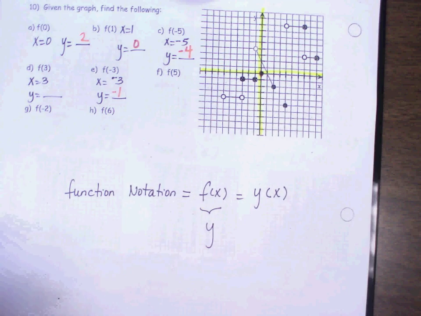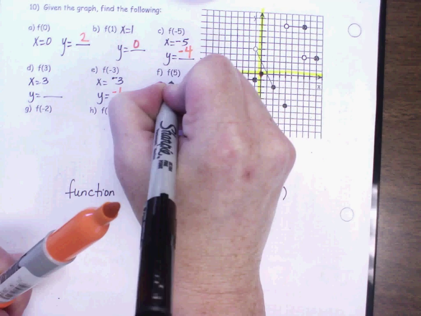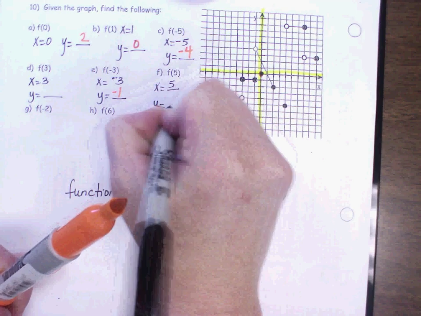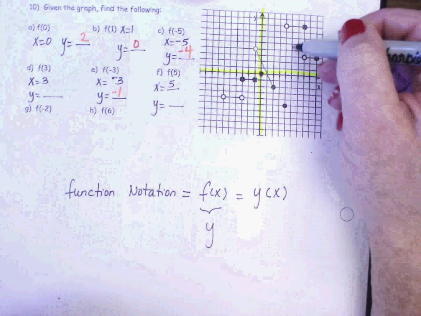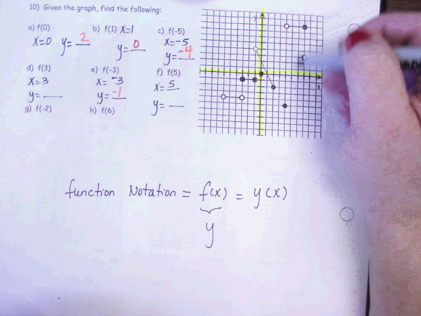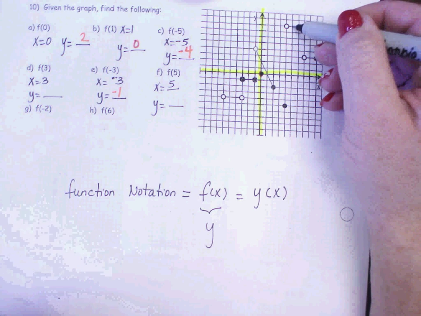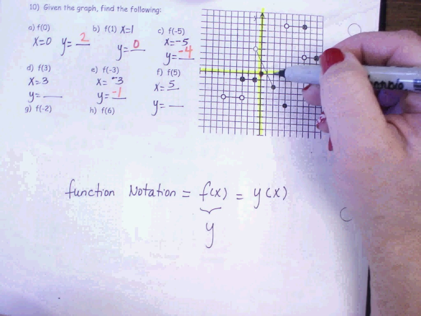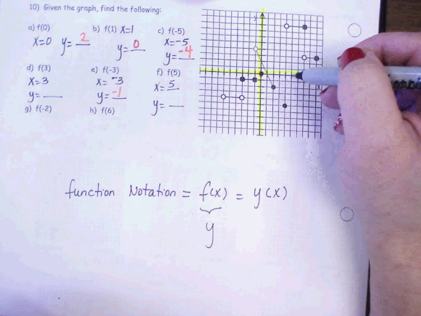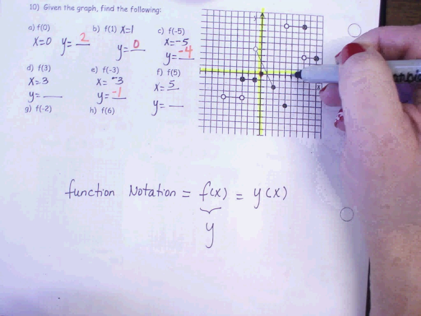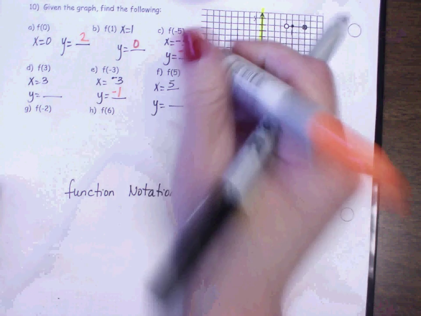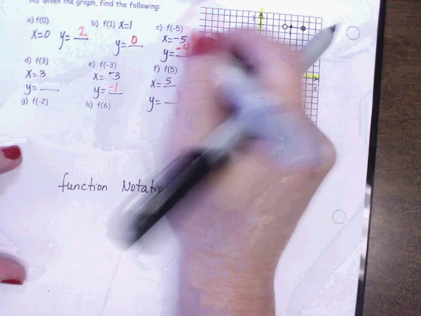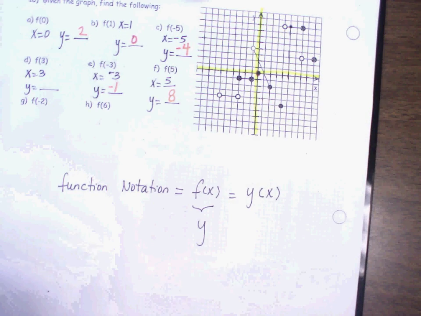All right, so when x equals 5, 1, 2, 3, 4, 5. Oh, yeah, there is. Look up there. Do you see it? You go down, there's nothing down, but is there something up? Yes. What's the number? 8. Did you guys count it? Because I'm counting on you guys to count. All right.